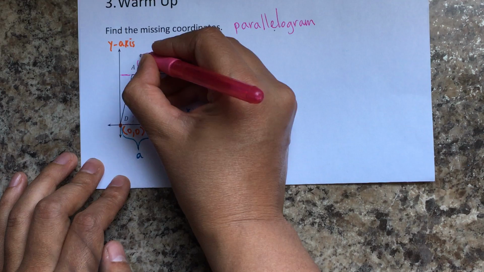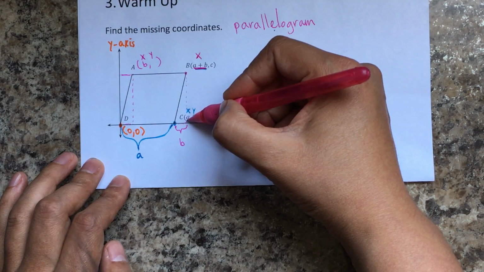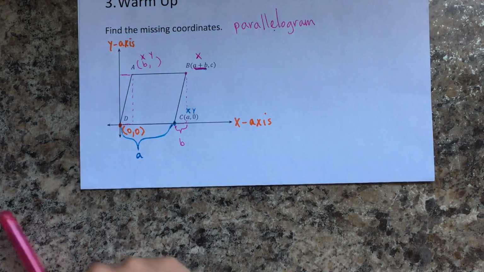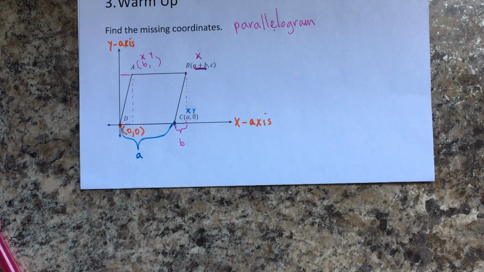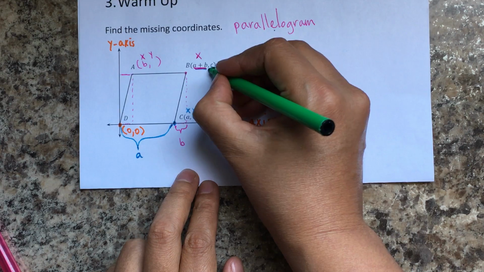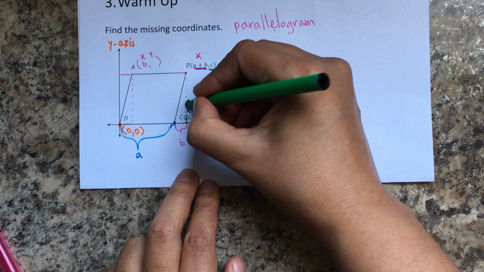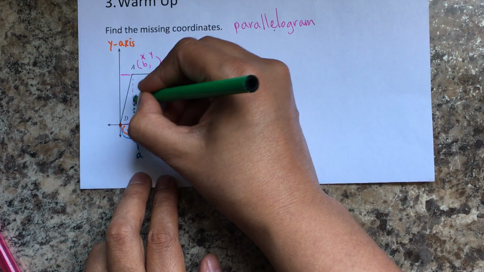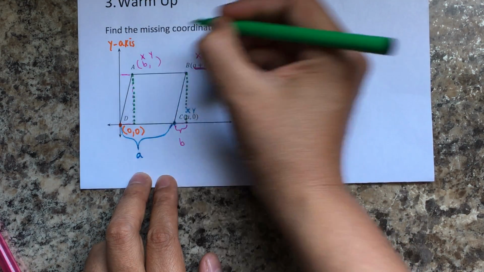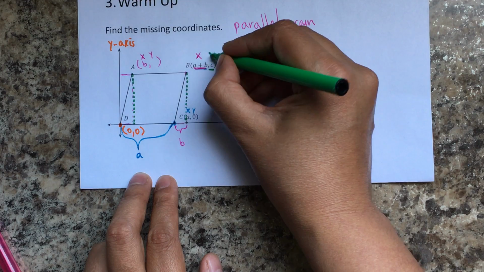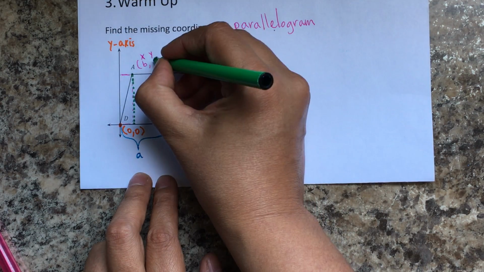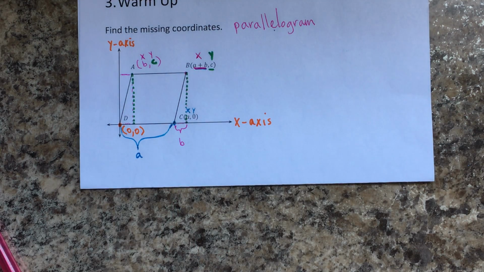And for y, to get to this point on y it was this much. Let me get the green one. You go up this much, and guess what? For this point you also go up the same amount. So if this is c for y, then in here, since it's the same measurement, you go up the same amount, so it's also c.